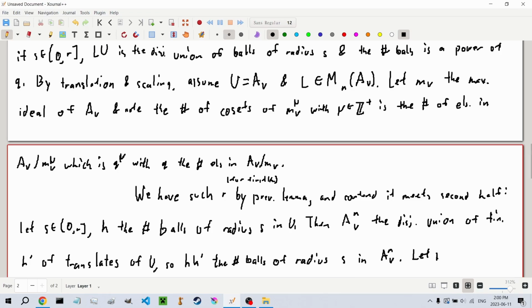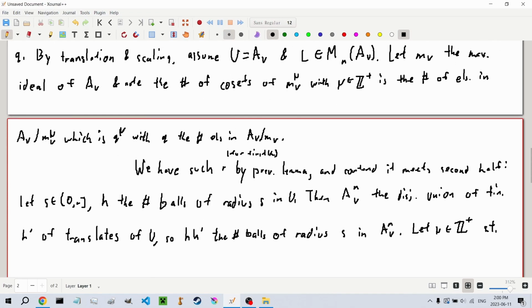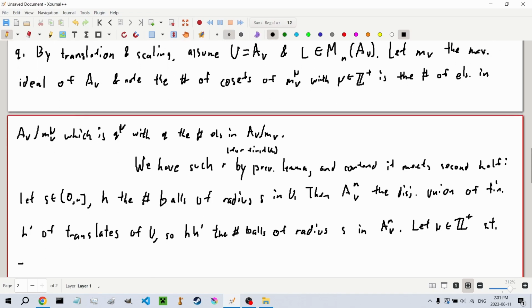Let mu be the positive integer such that the ideal m nu to the mu is precisely the ball of radius s in our evaluation ring.